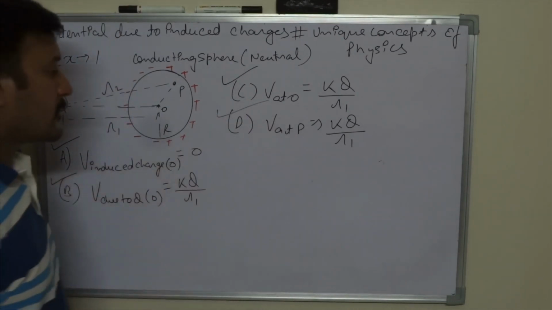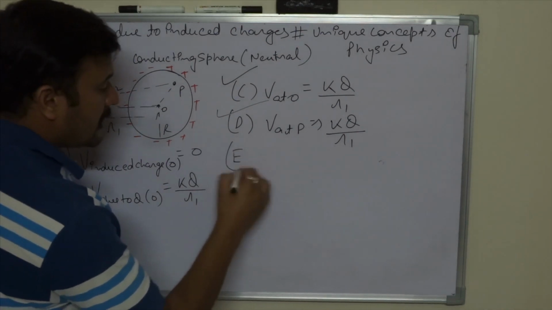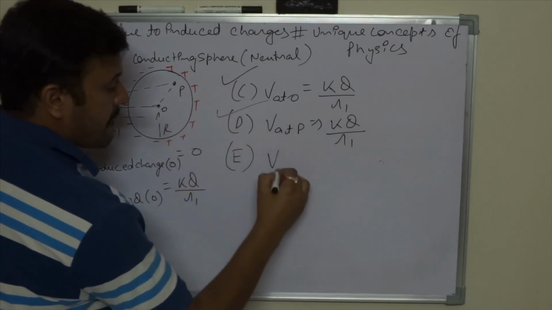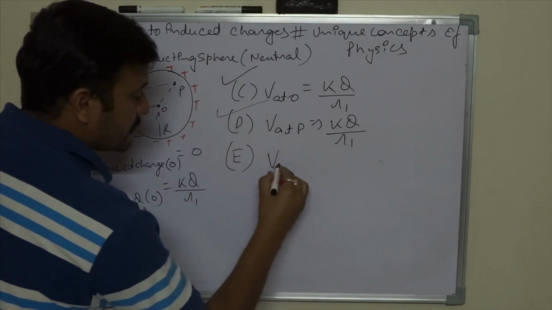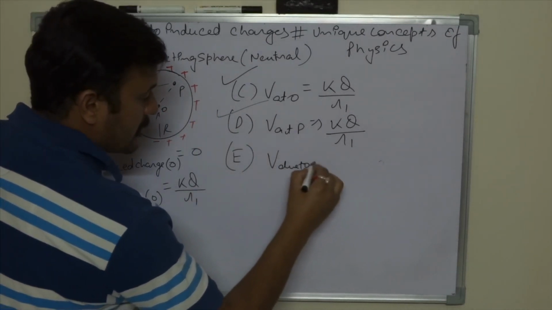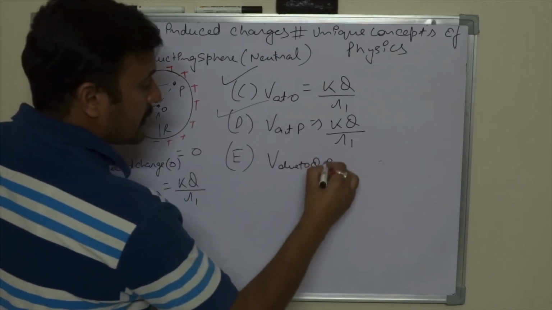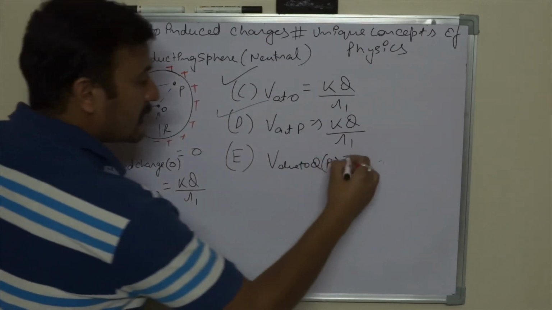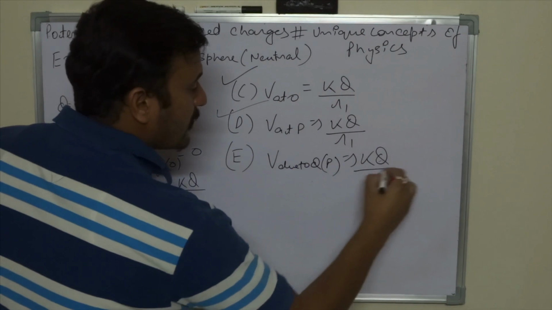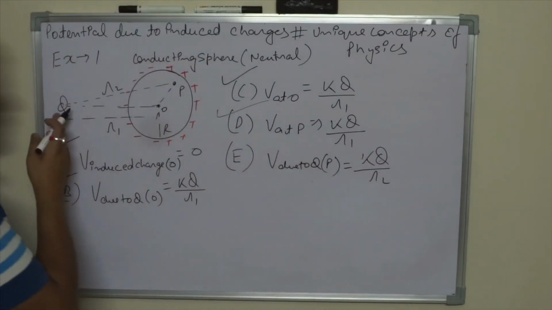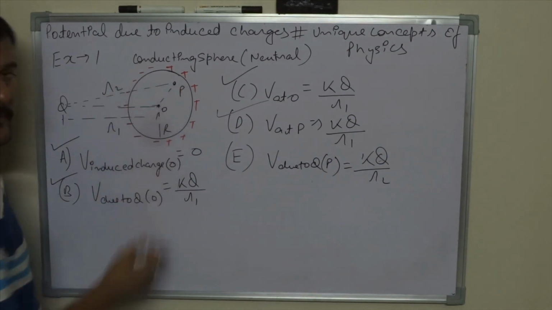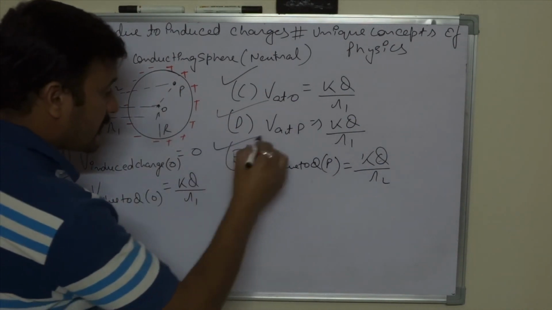But we also know that the potential due to Q at P is equal to KQ by R2, due to the fact that this point charge is at a distance of R2 from P. This is also correct.